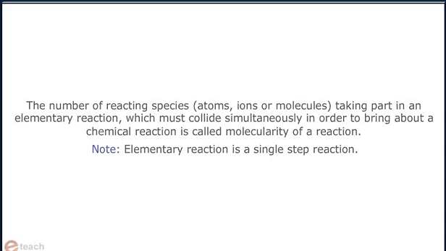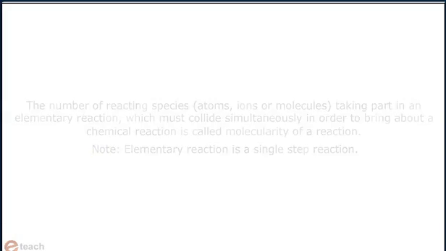Now, we will study the types of molecular reactions. The first type is unimolecular reactions. A reaction can be unimolecular when one reacting species is involved. Let us take an example.